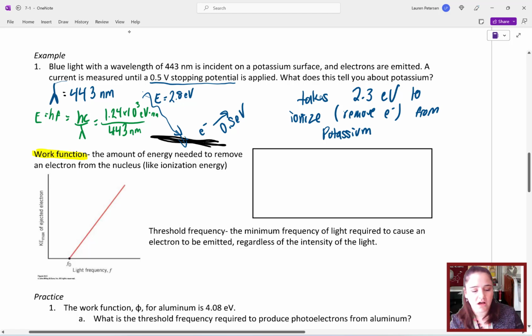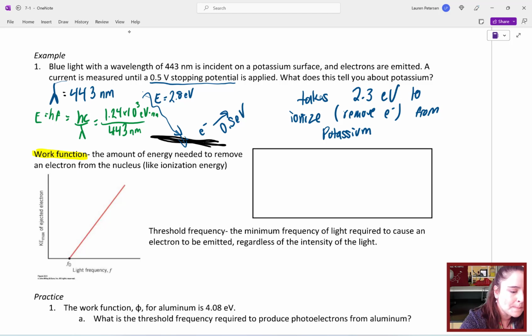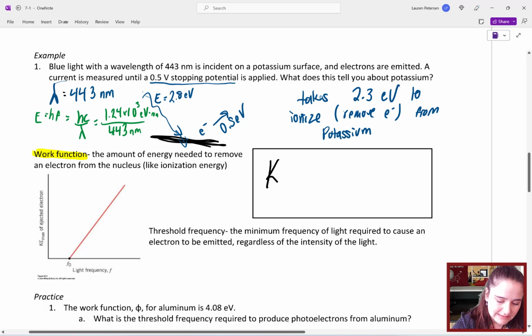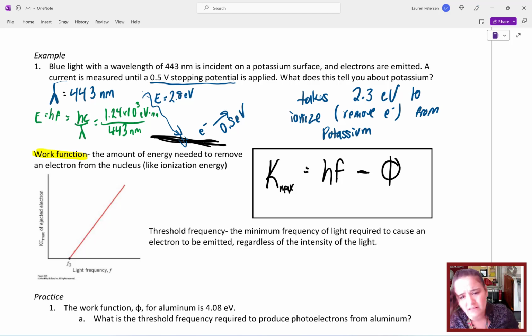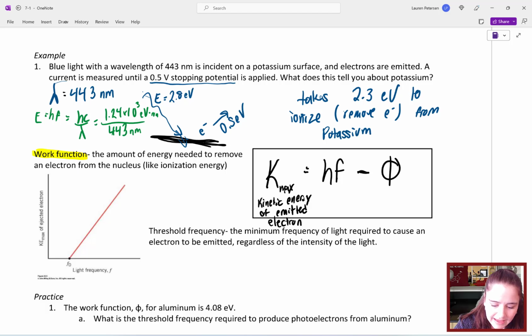So this is one of the equations on your equation sheet. It reads that K max, the maximum energy of those electrons, because as you saw in that simulation, they all had different speeds, equals hf minus phi, where K is the kinetic energy of the emitted electrons. hf is the energy of the incident photon, and this is the work function.